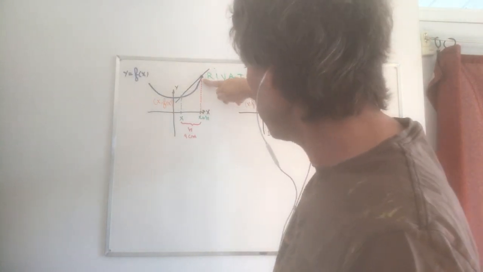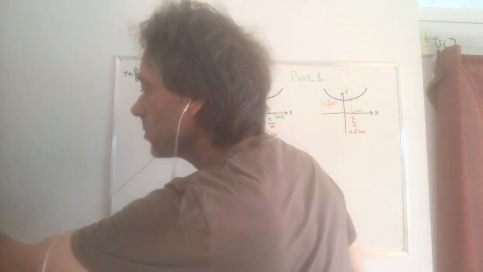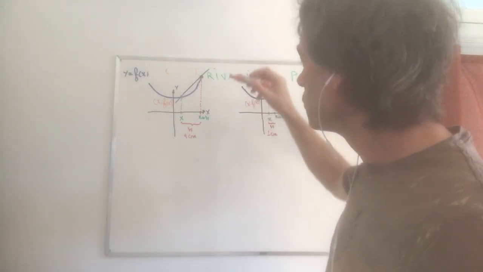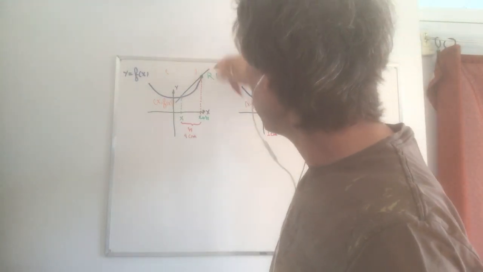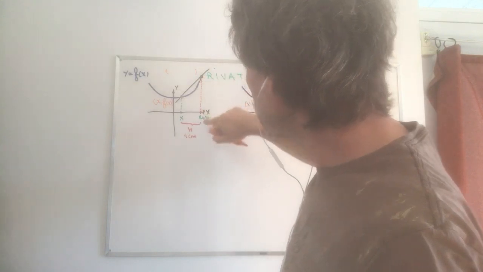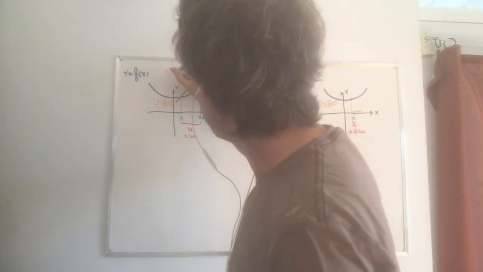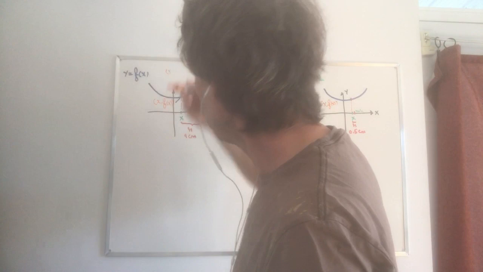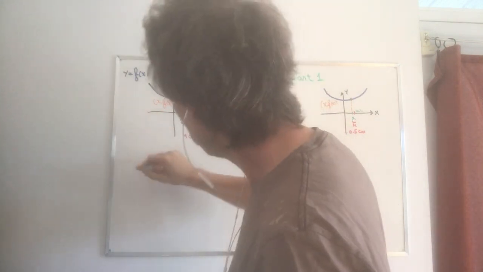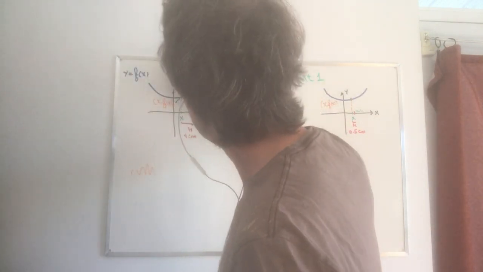on the graph, this very point right here, what are its coordinates? Basically, this point, its x coordinate is x plus h. There you go.